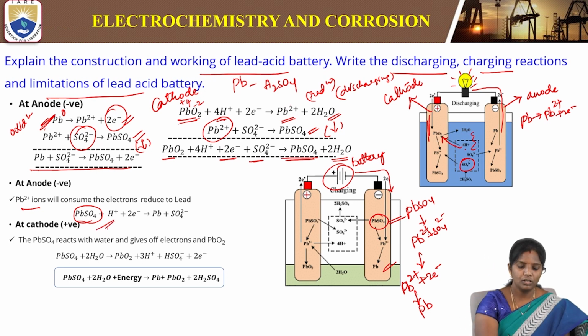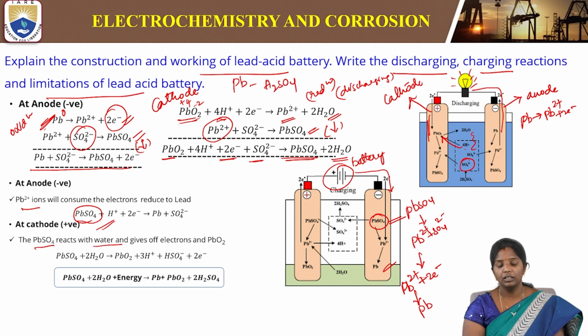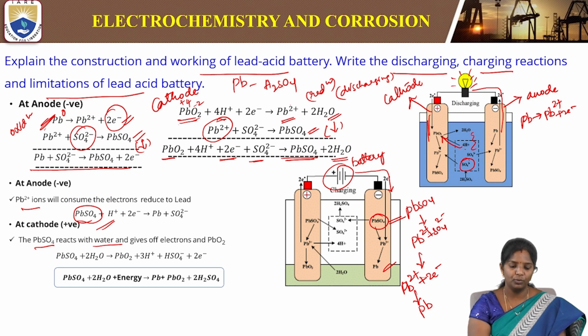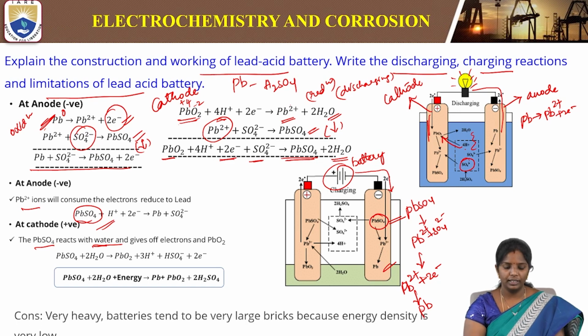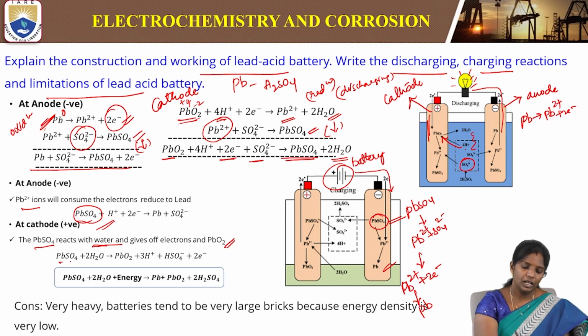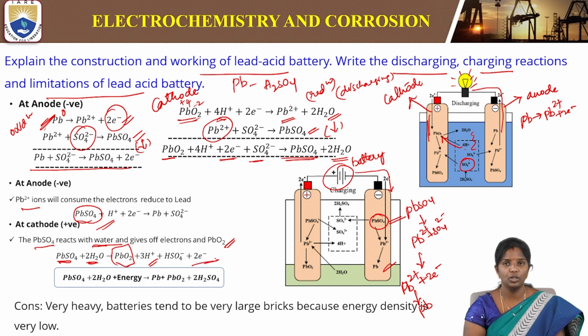And at cathode the same thing happens. The lead sulfate reacts with water, because if you remember, during charging of a battery, the mechanic will put on water. So it reacts with the water and gives off electrons and forms lead dioxide. So this lead sulfate, on reaction with water, forms lead dioxide, 3H plus ions, HSO4 minus and 2 electrons.